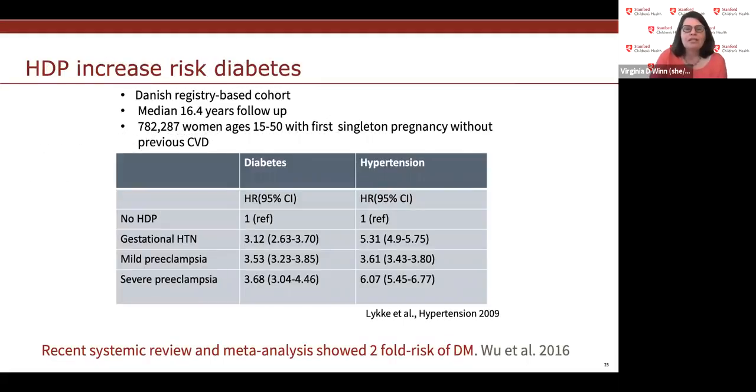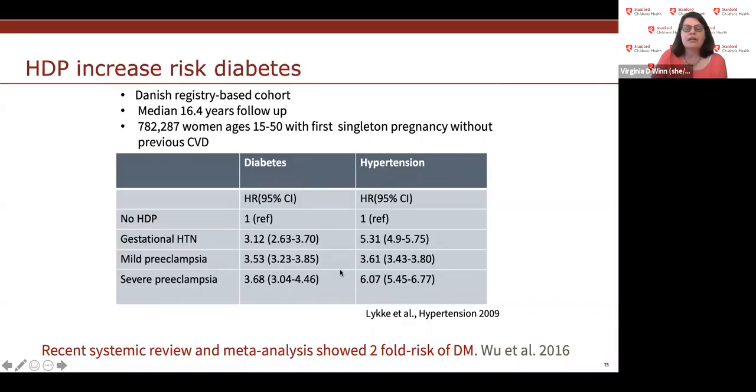Now, moving on to diabetes, early studies showed that there was an association between development of diabetes and having gestational hypertension, mild preeclampsia, or severe preeclampsia, all relatively in the same hazard ratio.